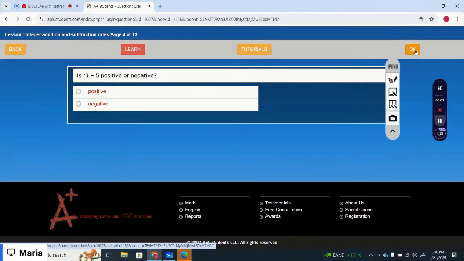Is negative 3 plus negative 5 positive or negative? Both the numbers are negative, so the answer is also negative.